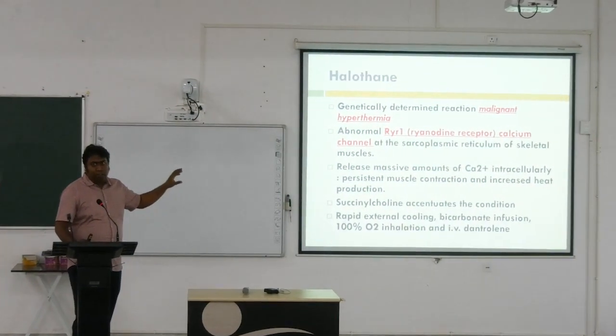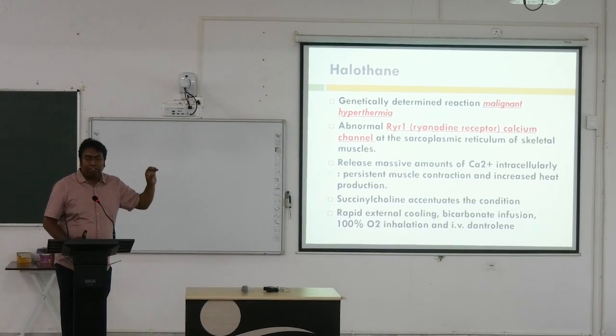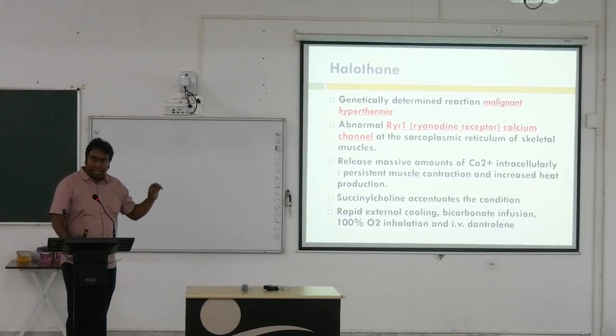As the term says, there is hyperthermia, so there is increased BP, increased muscle tone, there will be a tremor, and there will be myoglobinuria. This situation is due to a calcium receptor, the ryanodine receptor. The presence of the ryanodine receptor is associated with malignant hyperthermia.